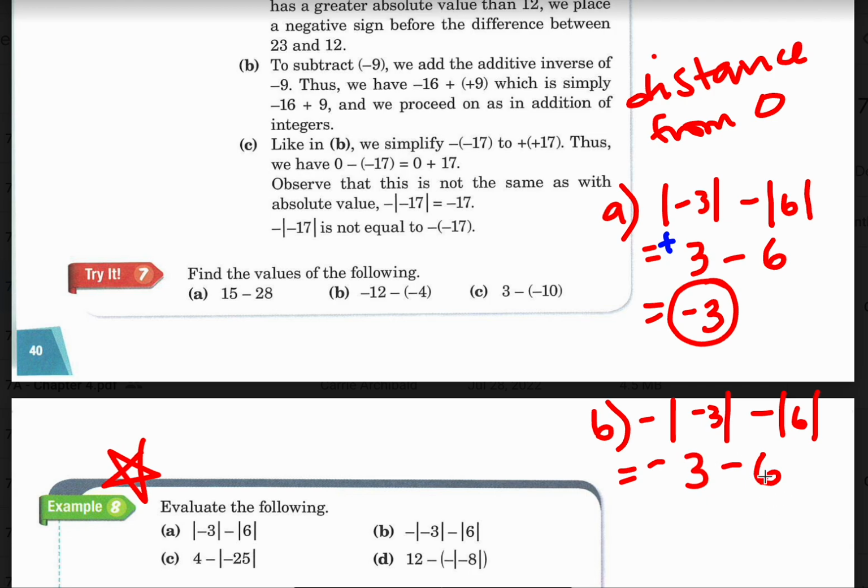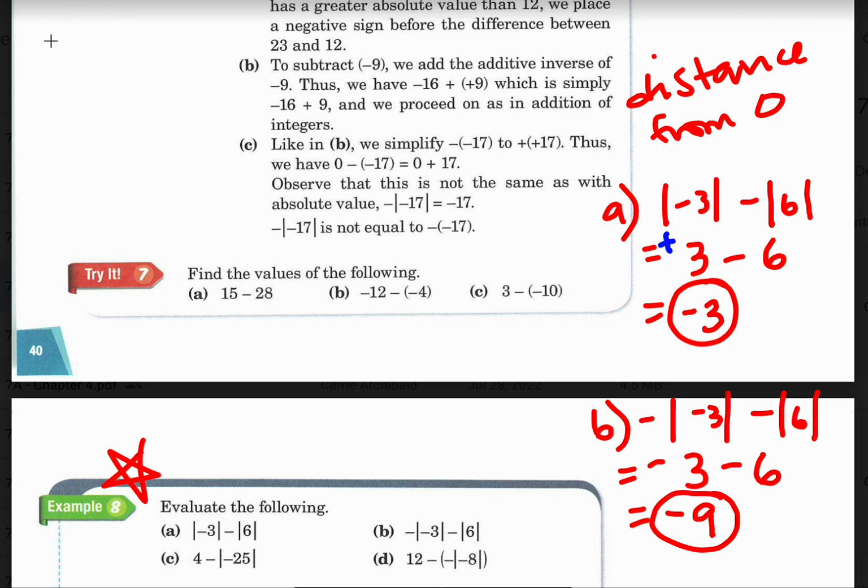This is negative 3 minus 6 then. So everything outside absolute value brackets we don't touch. Negative 3 minus 6, they're the same sign. Same sign means we add them together, which is 9, and then we keep the sign. Negative 9, because it's just more negative. 3 negatives and 6 negatives is 9 negatives.